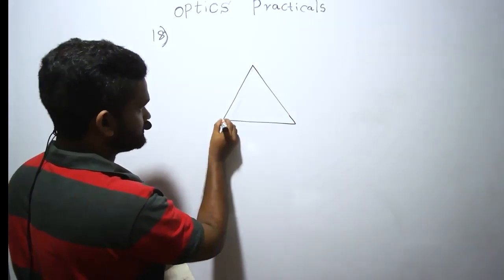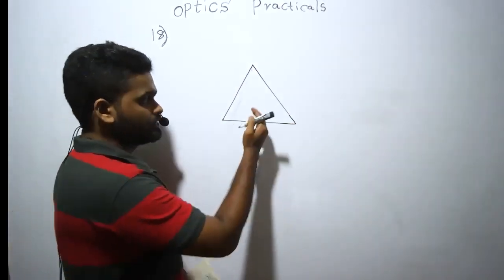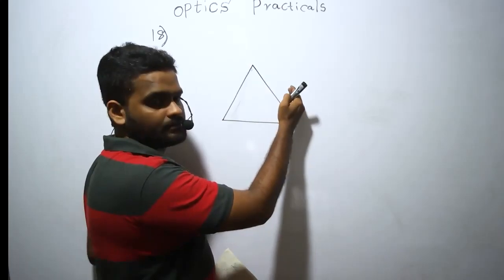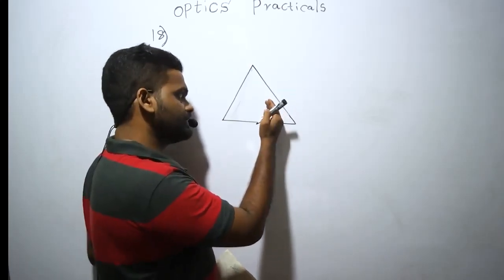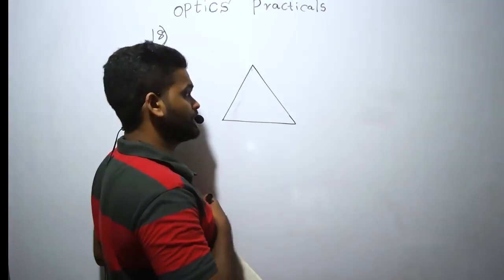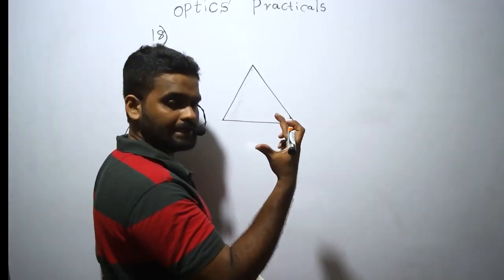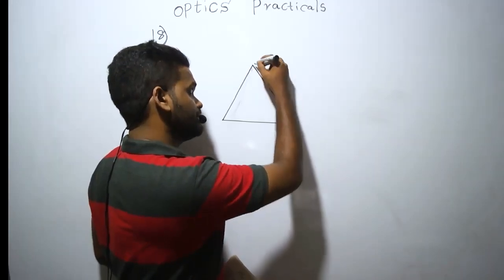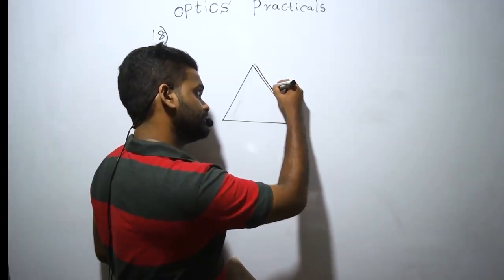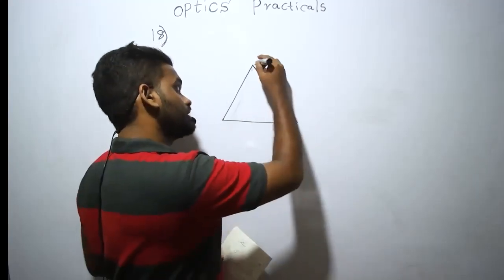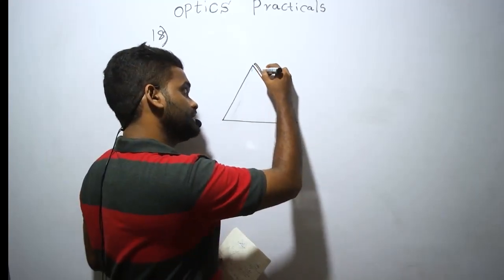Now you have the prism, right? For the previous one it was glass air. For this one we need a glass liquid layer. So how to create a liquid layer? You get a microscope slide, put some water here, and place the microscope slide here like this.